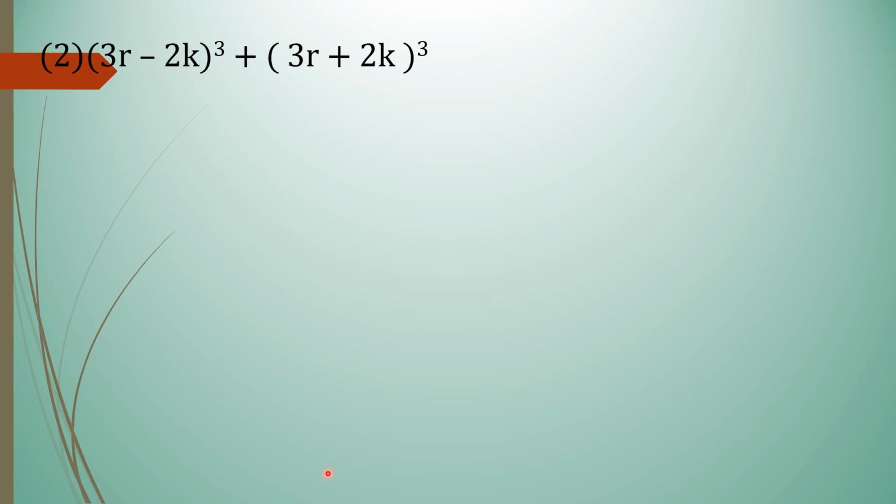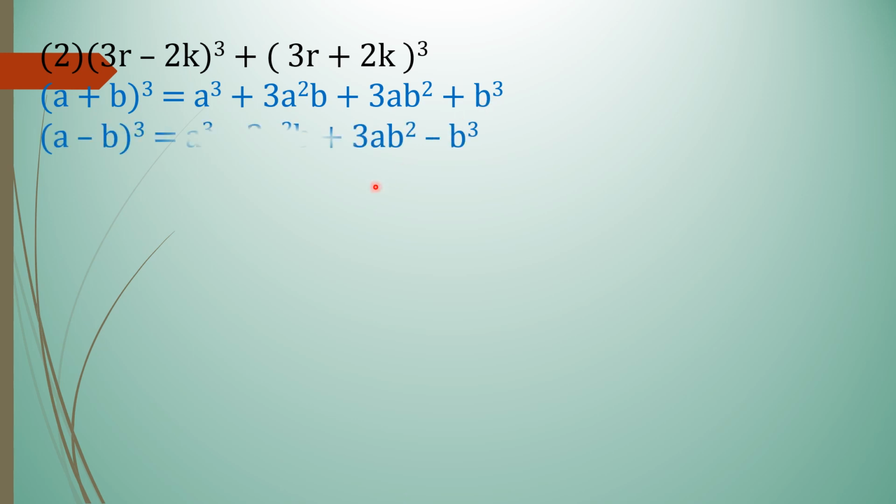So we'll use both the formulas, that is a plus b the whole cube equal to a cube plus 3a square b plus 3ab square plus b cube, and a minus b the whole cube equal to a cube minus 3a square b plus 3ab square minus b cube. So here students, 3r minus 2k the whole cube, you'll use a minus b the whole cube because you see the middle sign is minus. So you'll use the a minus b the whole cube formula in this.